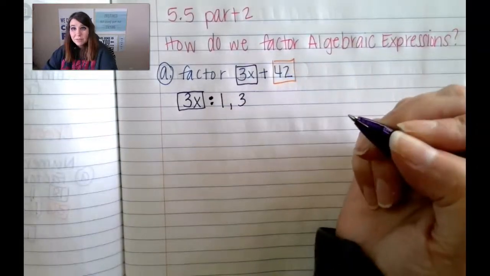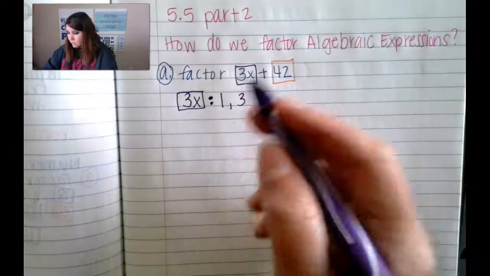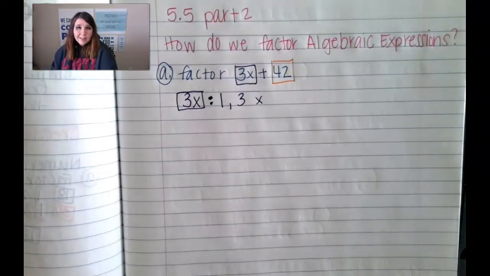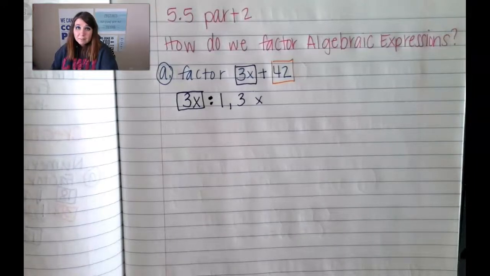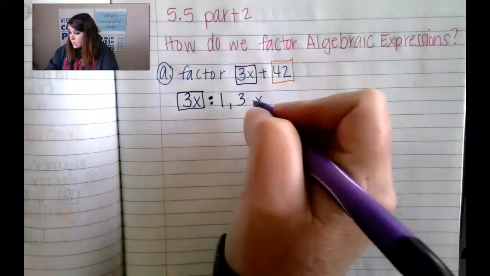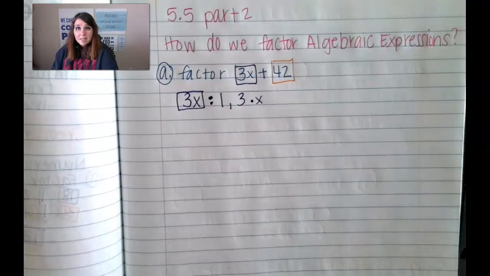So 1 and 3, times x, right? Because I just pop that little x on there. The x is just kind of like an added bonus because we don't know what the x is, so we're just going to stick it right there for now. We have to still multiply on the x at the end.